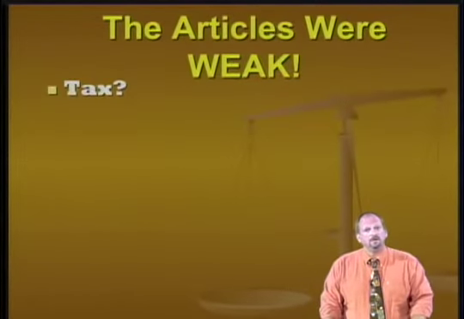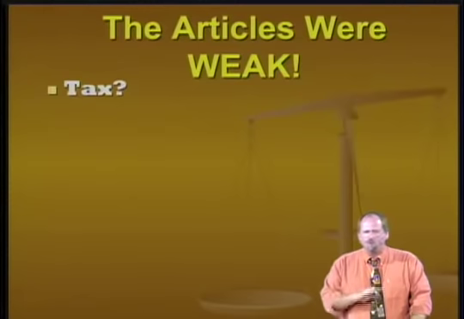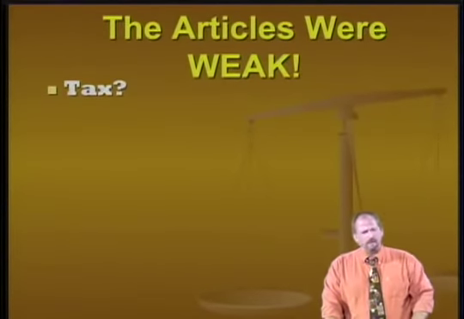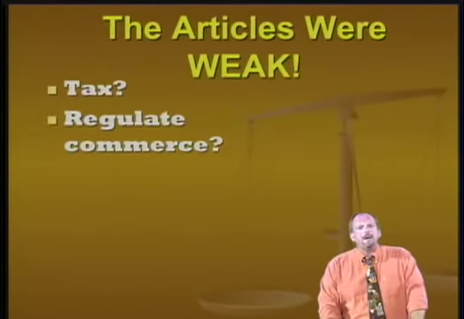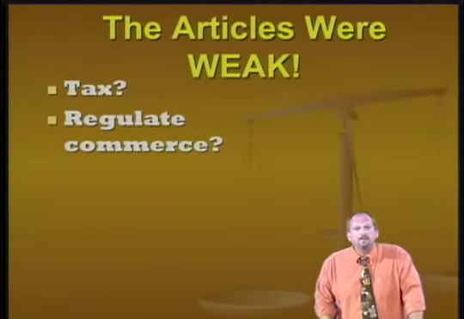How about taxes? Nope, can't do it. In the Articles of Confederation, the National Congress was not given the power to tax. You might wonder to yourself, how can you run a government without the power to tax? Exactly. There was no power to regulate commerce. Absolutely not.